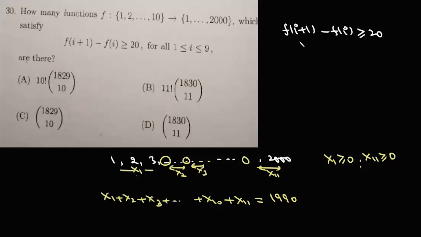Now here the condition is f(i plus 1) minus f(i) should be greater than or equal to 20. That means in between any two choices, suppose a and b, we know that this difference is b minus a plus 1 and it should be at least 20. So this b minus a should be at least 19. So each of x2, x3 up to x10 must be greater than or equal to 19.